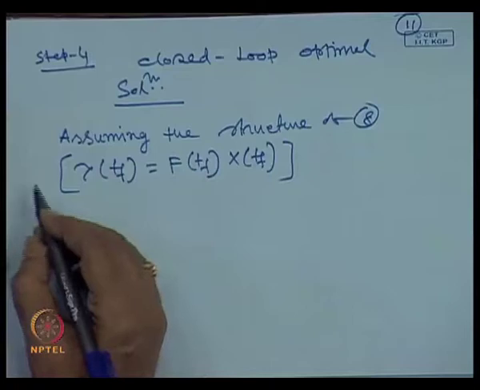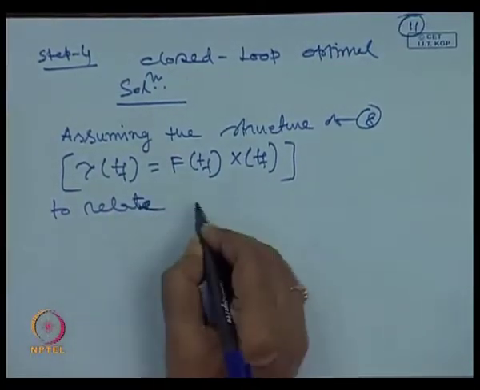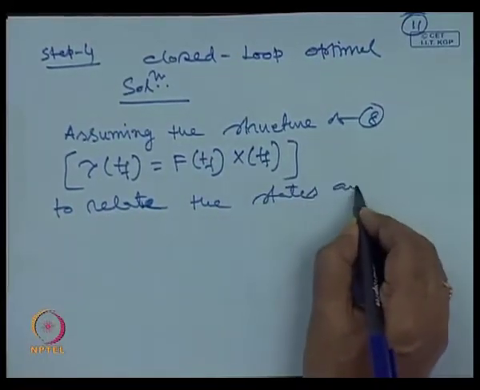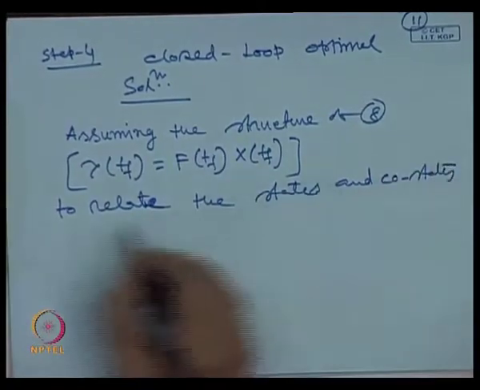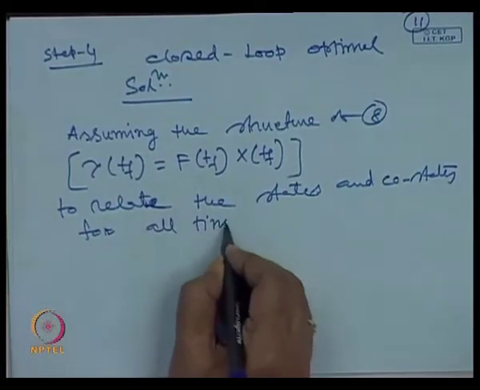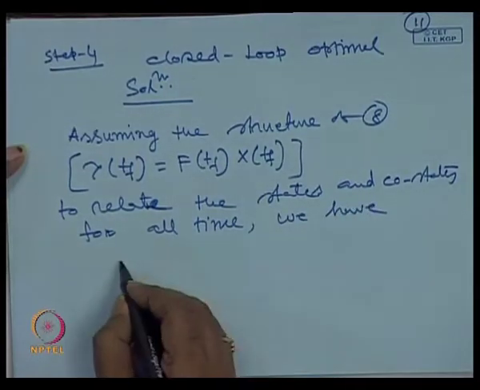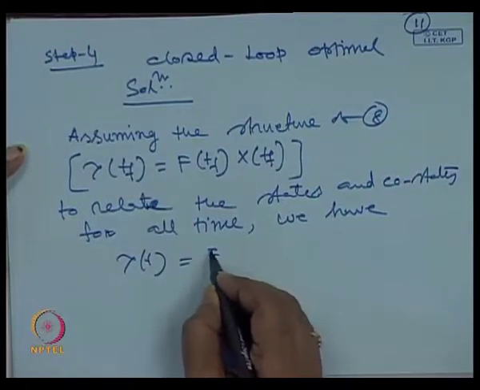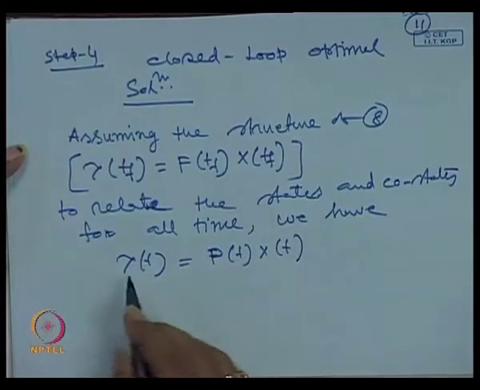To relate the state and co-state for all time, we have lambda(t) equal to P(t) into x(t).